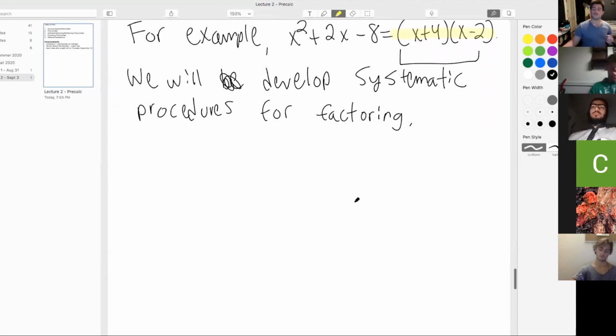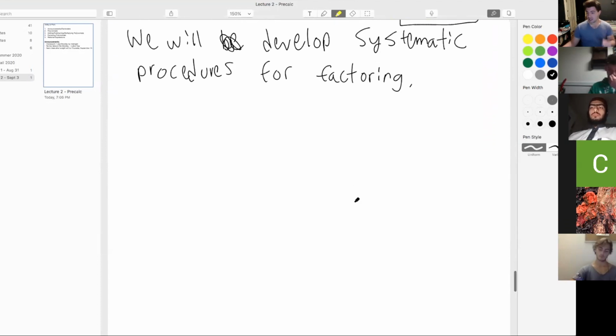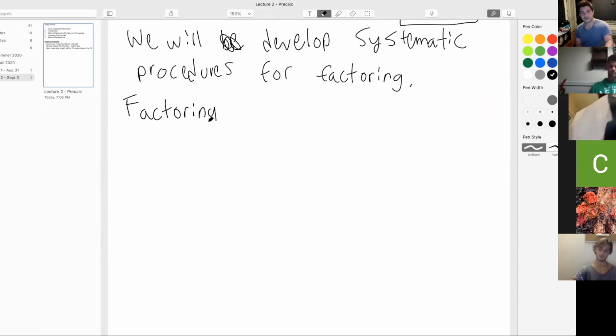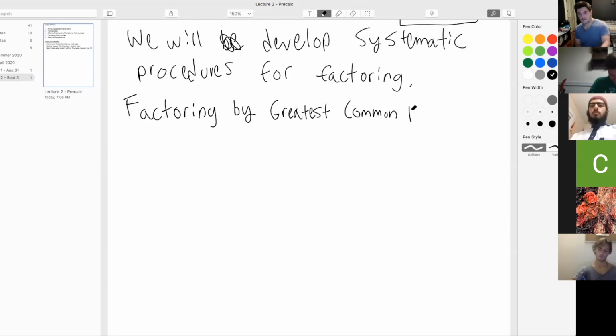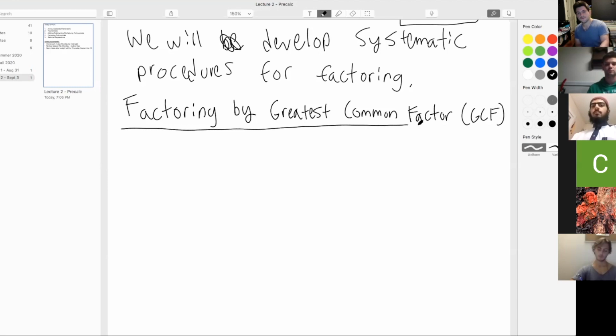All right, so we have a few different factoring techniques. The first one will be called factoring by greatest common factor, and I will shorten this almost always as GCF.